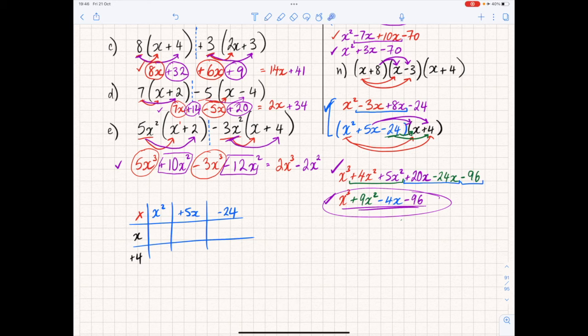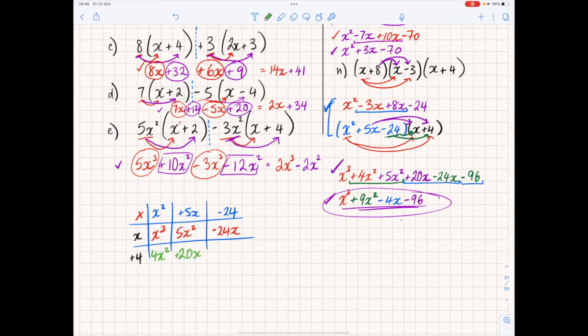So you're basically saying x times x squared, which will give you x cubed. Then you're doing x times 5x, which is 5x squared. x times minus 24, minus 24x. 4 times x squared, which would end up giving you 4x squared. Then you're doing 4 times 5x, which is your 20x.